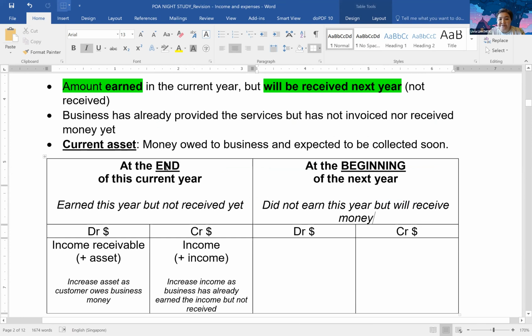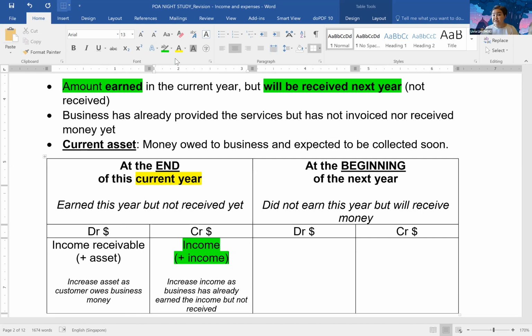So at the end of the current year, how am I going to record it? At the end of this year, I need to remember that I have earned the income. If I have earned the income, then I must record income plus whatever income. It could be service fee income, service fee revenue, tuition fee income, tuition fee revenue, whatever it is.